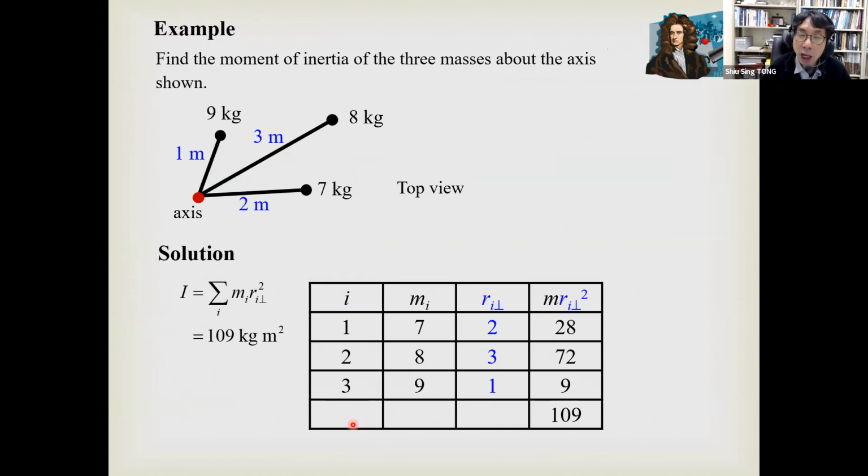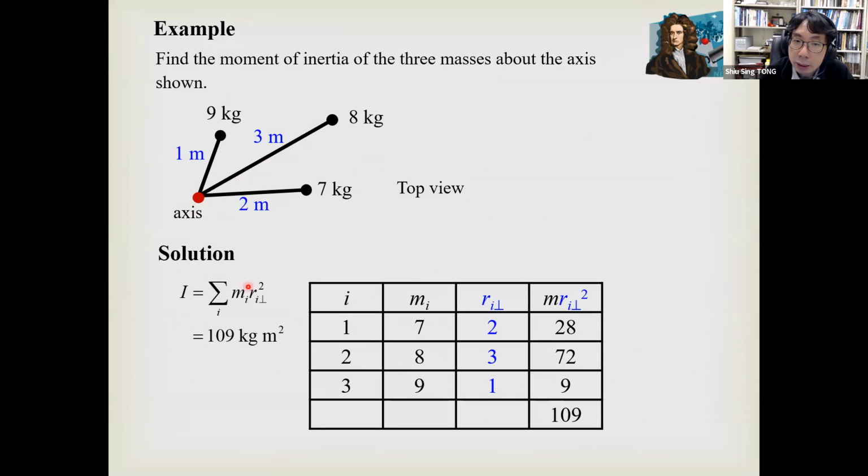Now let's have a very simple example. In this example, we only have three point masses: a 7 kg mass, an 8 kg mass, and a 9 kg mass, and they are at different distances from the axis. This is a top view. We look at the distribution from above the axis, so the axis points out of the page.